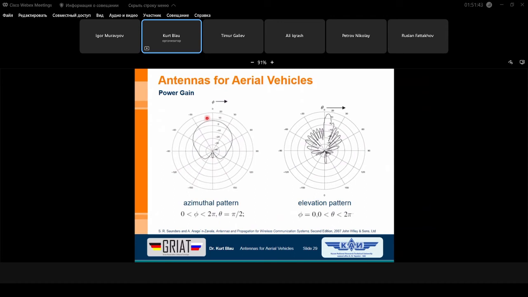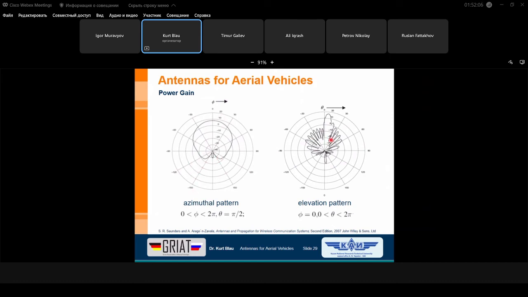Don't forget the i, because it's related to an isotropic radiator. And then if you look here, this circle means about minus 30 or minus 40 dB. It means it's very good. It has a very high suppression of signals coming from behind.